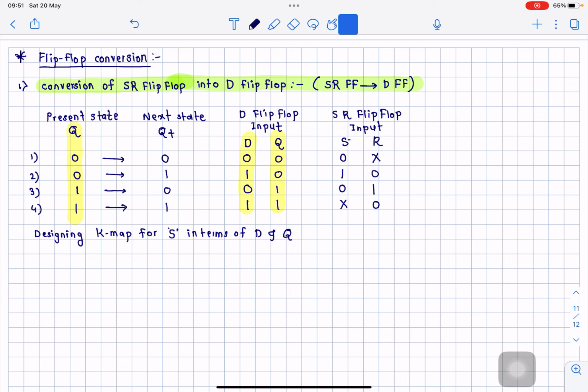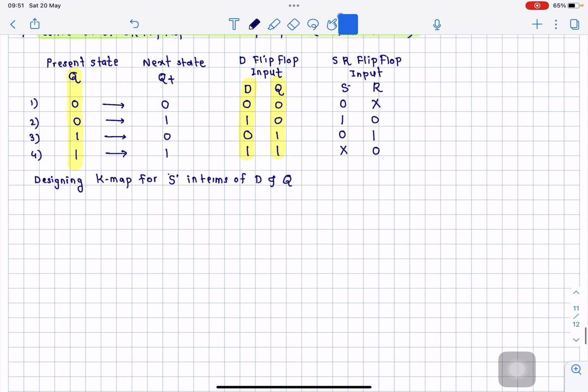D and Q are the inputs, and we want to write the equation of S in terms of D and Q. So it's a two variable, that means we require a K-map of two variable, that means 4 boxes. So let us do that.